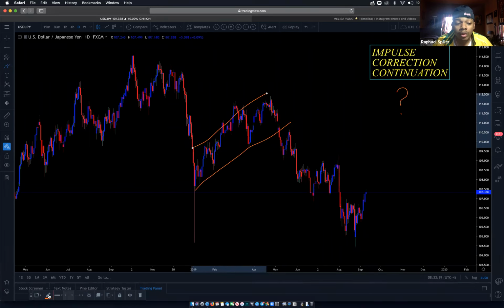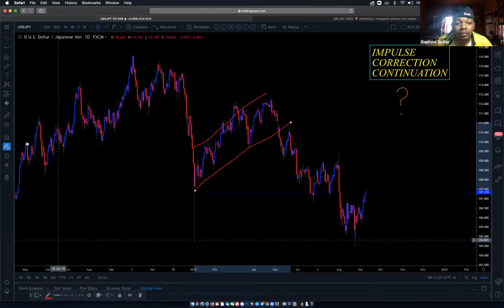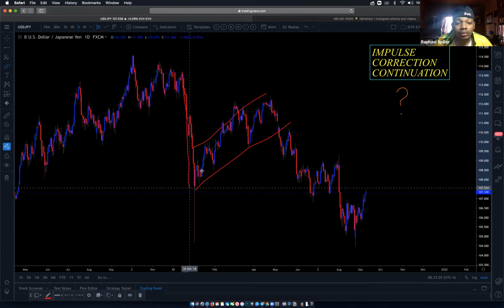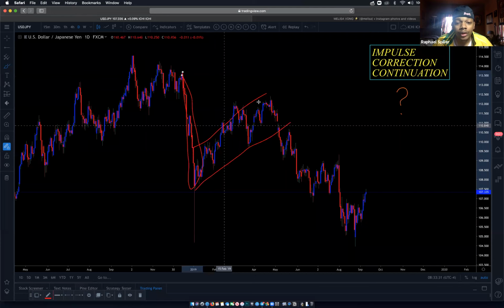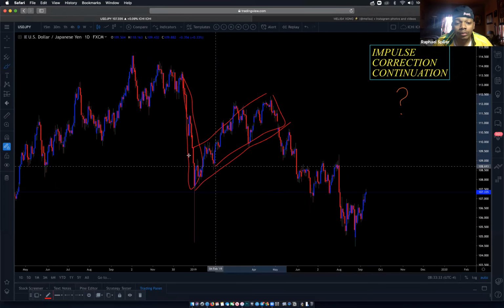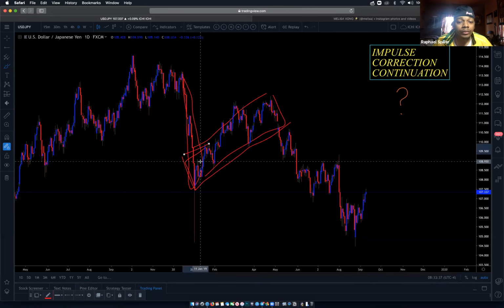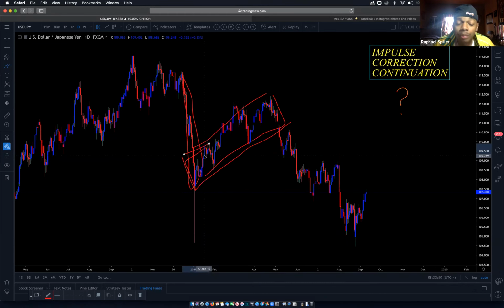You had an impulse, then you had a correction. This is your impulse right here. This is your correction. Now, how do you know it's a correction? Because the market moves in waves.